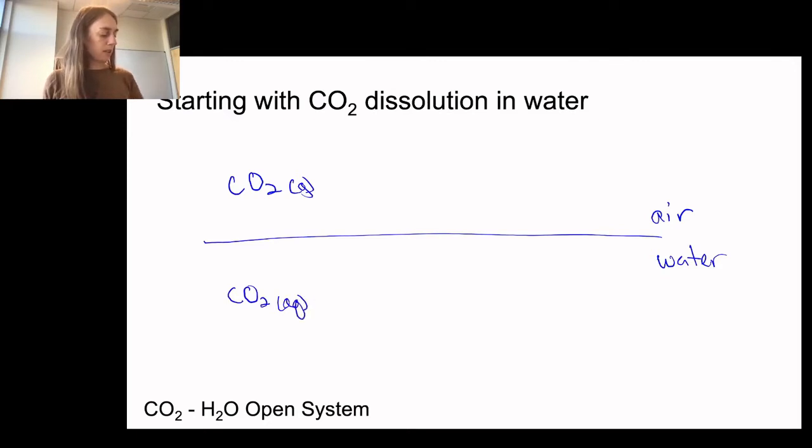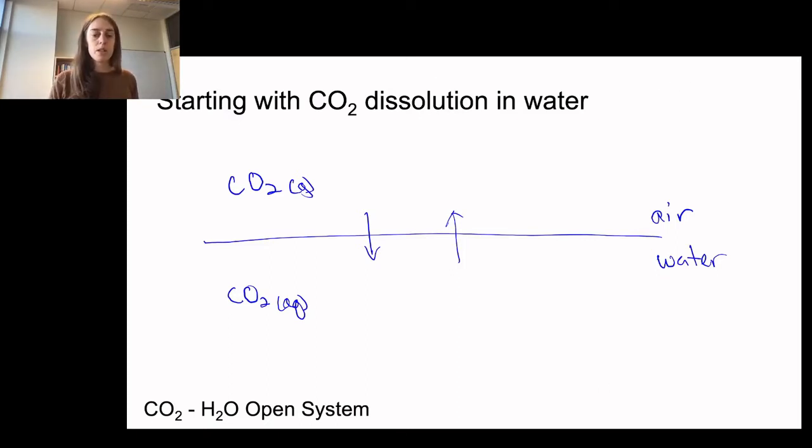And what happens is we have molecules of CO2 moving into the water and molecules of CO2 moving back into the air. And if we have some fixed partial pressure of CO2 in the air, eventually we're going to reach an equilibrium between the amount of CO2 we have in gaseous form in the atmosphere and the amount of CO2 we have dissolved into our water.